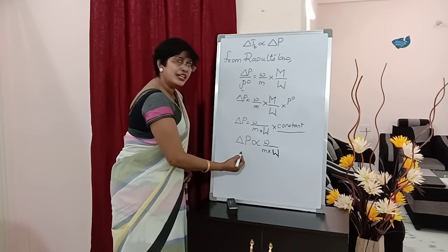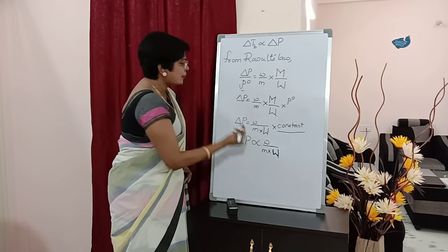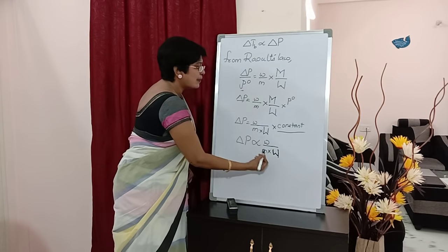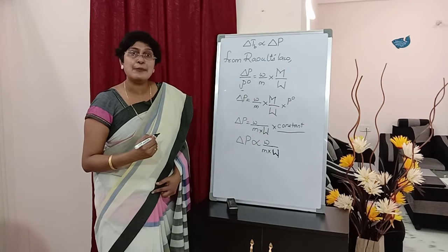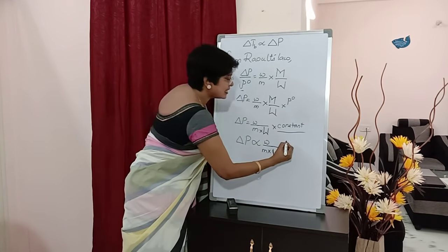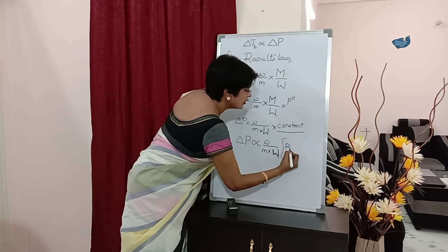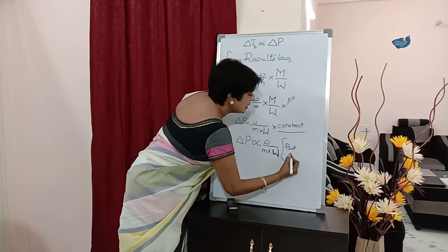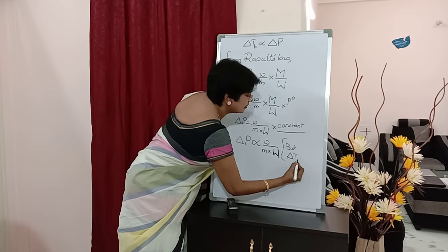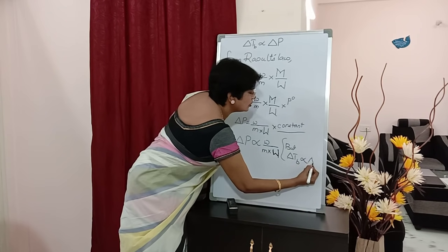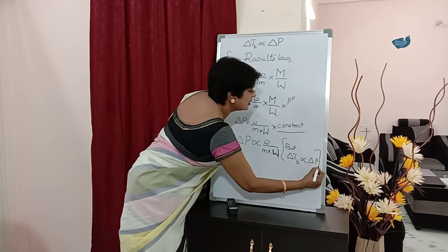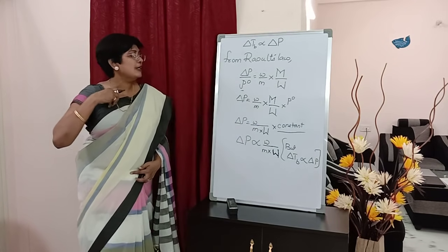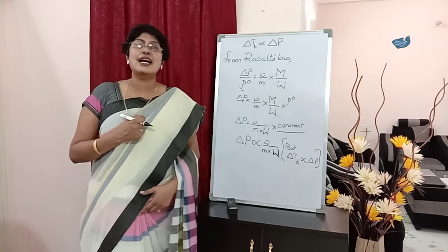But here lowering of vapor pressure is proportional to small w by small m into capital W. In the brackets write down, students, but delta TB proportional to delta P.